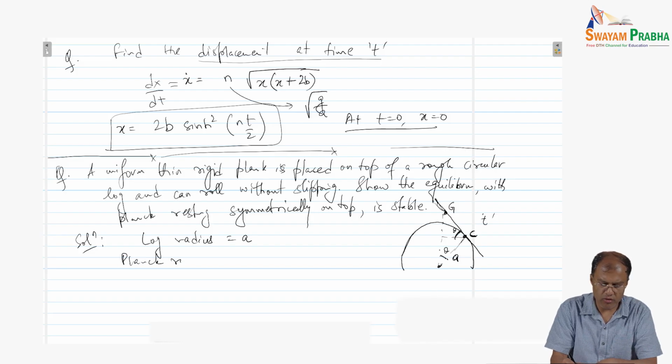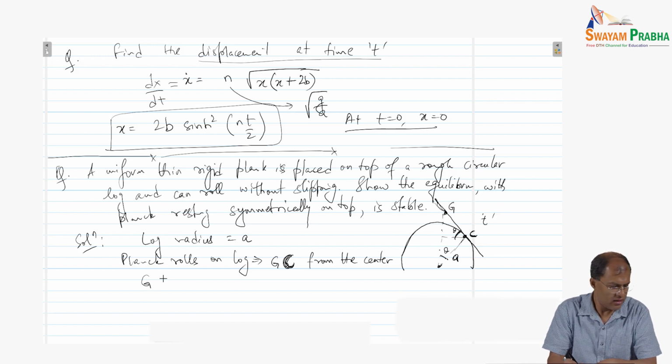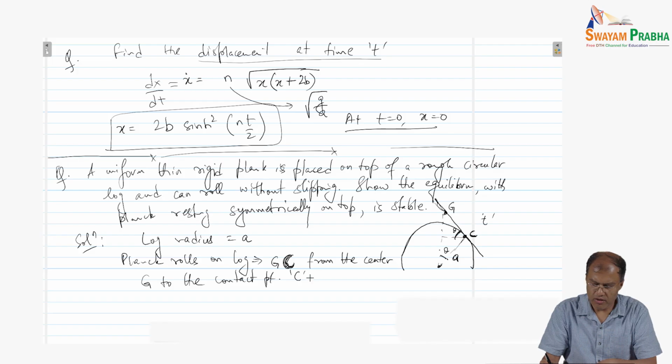When the plank rolls on the log, the distance GC from the center G to the contact point C is the arc length of the log traveled by the plank.